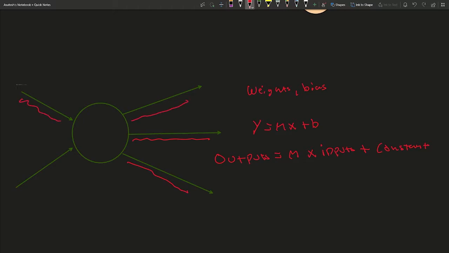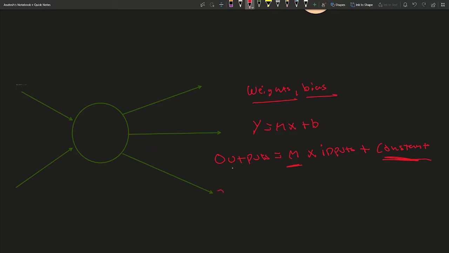These are our inputs. This is what we're trying to use to get our outputs. That just leaves two unknowns, right? We have our m and our constant. And where do we get these from in our neuron? Conveniently enough, we can use our weights and our bias to fill in those values.